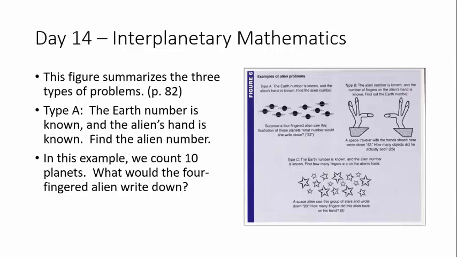So we know that we've got 10 planets that we can count. What would the 4-fingered alien write down? So you think about how many 4s are in 10, and then how many are left over.